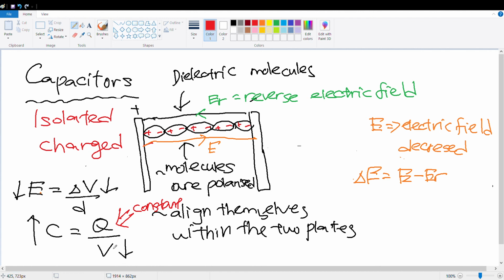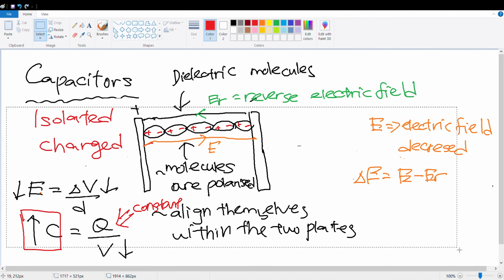The decrease in the potential difference, due to the decrease in electric field strength, will provide us the increase in the capacitance of the capacitor. Alright, so this is the mechanism. Let us just describe it in the form of sentences.